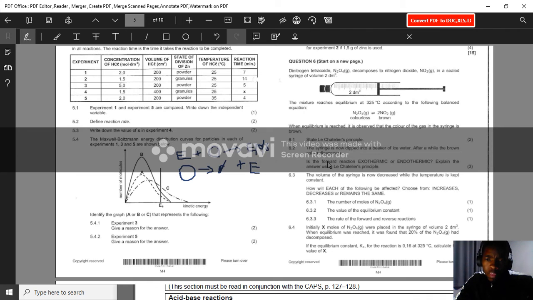So therefore, if they are dipping the syringe in ice and then the color disappears, it means the forward reaction that leads to a brown color is endothermic, because endothermic is the reaction that needs energy.